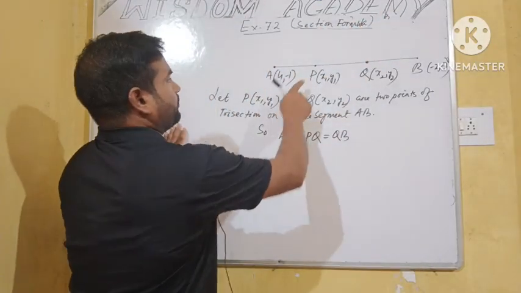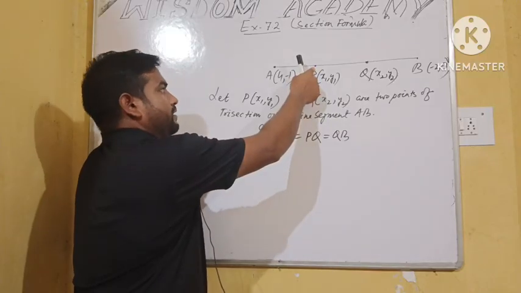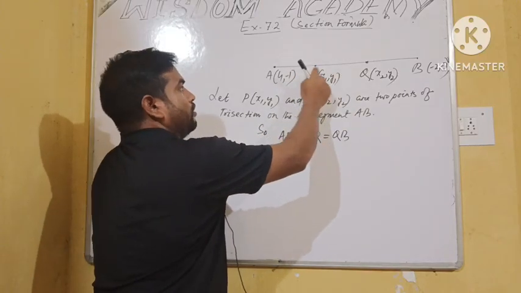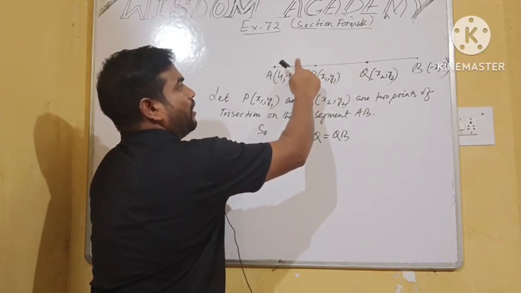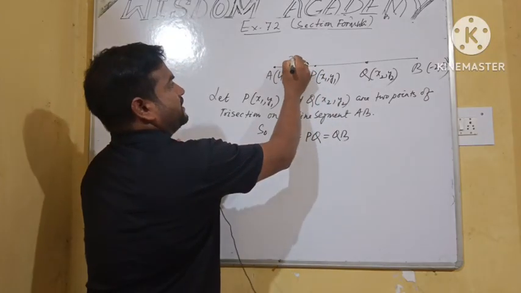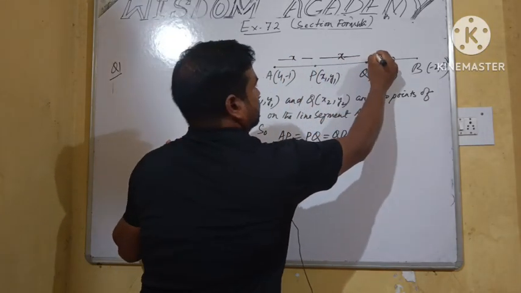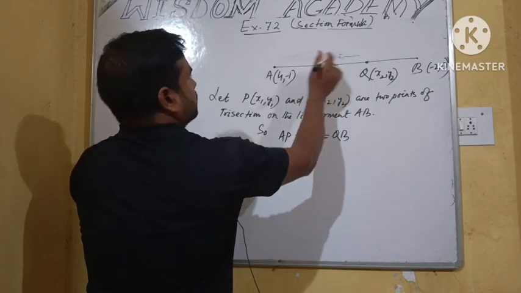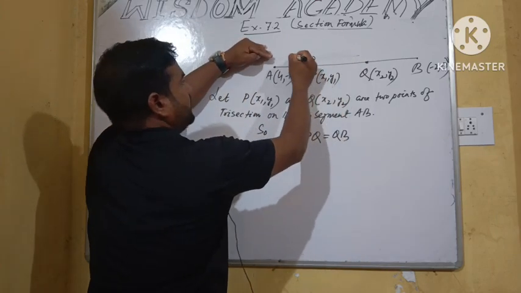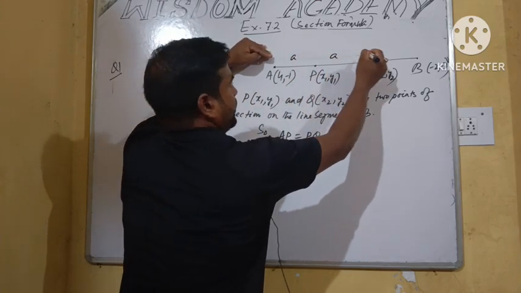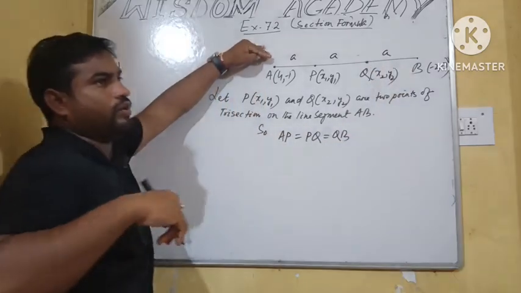Let us consider P is a point on line AB. Suppose AP is a unit, PQ is also a unit, and QB is also a unit. Why?